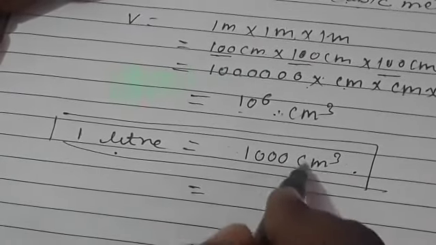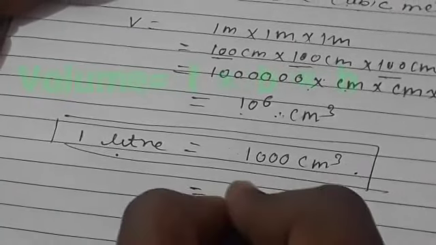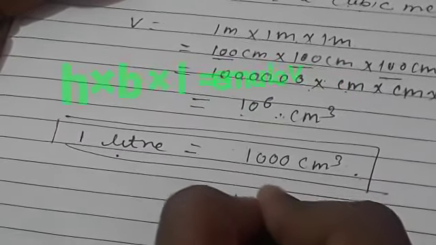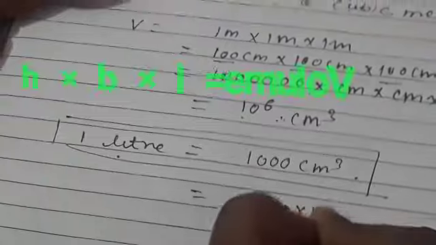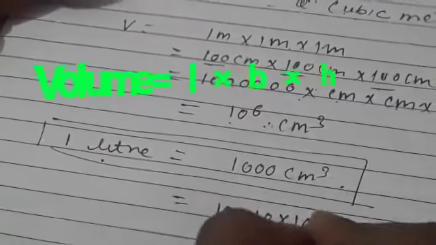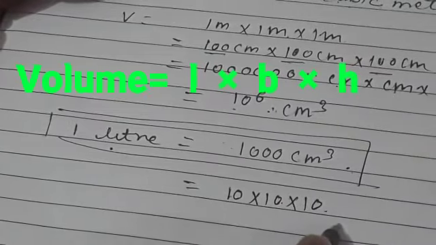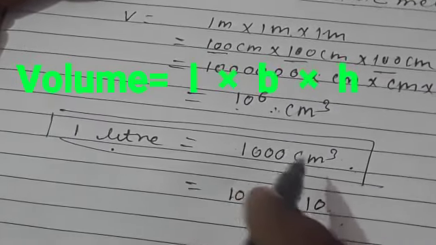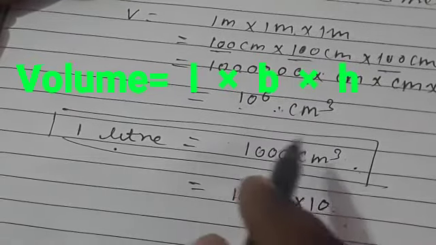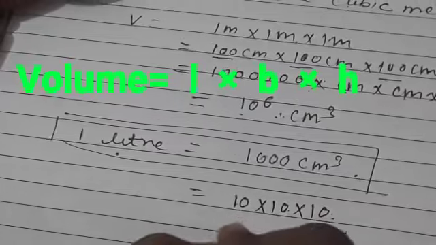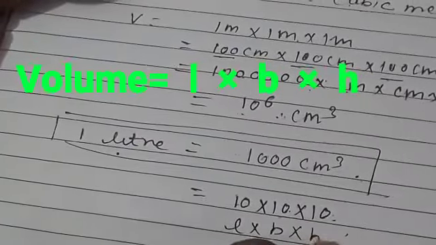How we can write this 1000 centimeter cube? I can write this 1000 into 10 into 10 into 10. Yes or no? 10 into 10 into 10 equal to 1000. Why I divide this in 3 equal parts? Because we are talking about volume, and volume is always in 3 parts: length, breadth and height. It means it's a length, it's a breadth, it's a height.